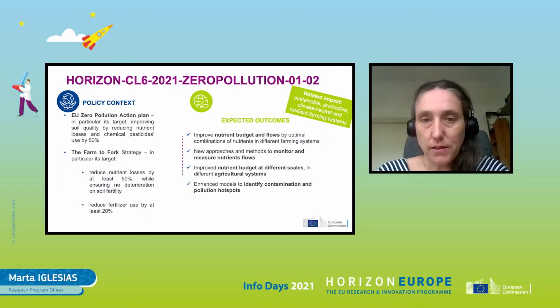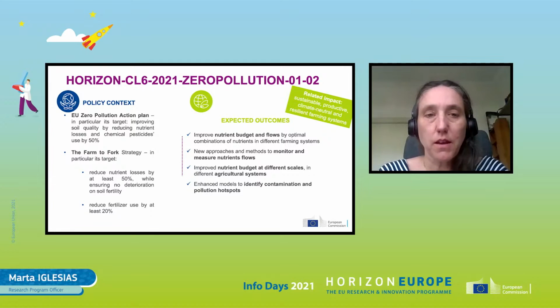Successful proposals under this topic will support limiting and reducing pollution due to the excess of nutrients and nutrient losses, especially nitrogen and phosphorus, in the environment, stemming from the excess use in agriculture. Proposals will contribute new and enhanced knowledge to the development of integrated nutrient management plans.